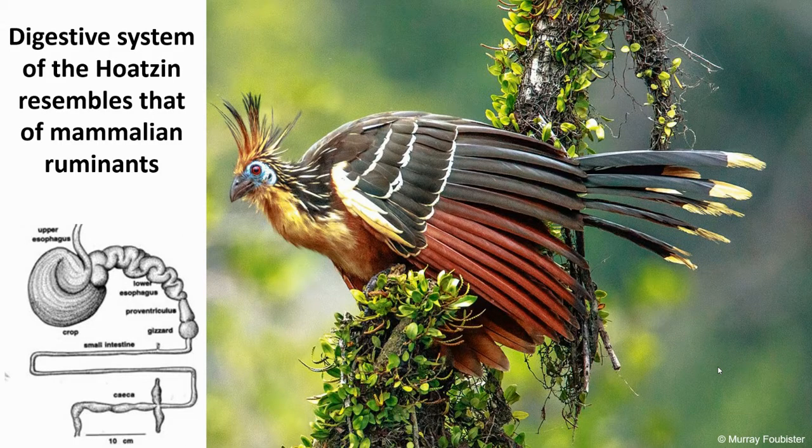And then a special species, the hoatzin. We still don't know a lot about this species, for example, its exact position in the evolutionary tree. They are also known as stinkbirds because they smell like cow manure. And that is logical because this species is a herbivore and they ferment their food in an enlarged crop, very similar to mammalian ruminants.